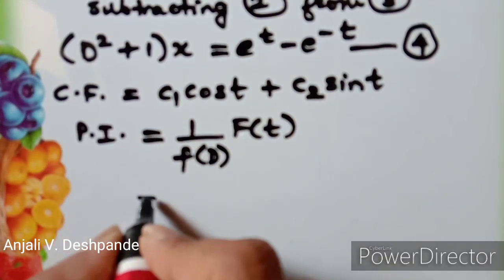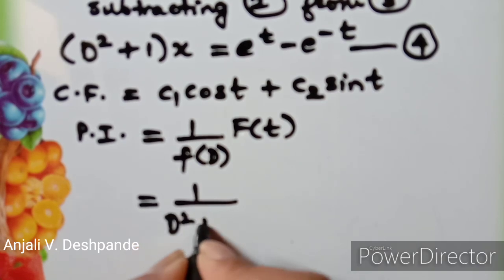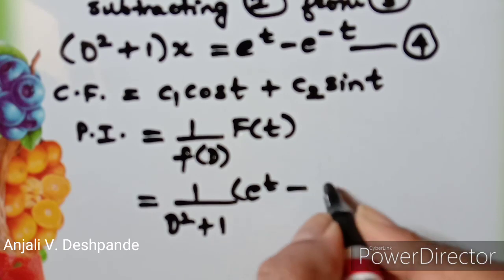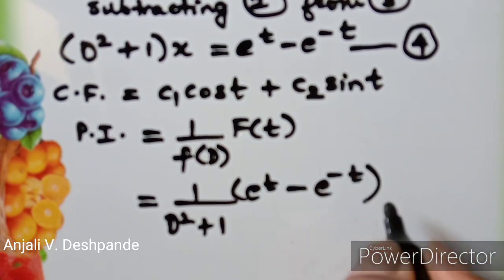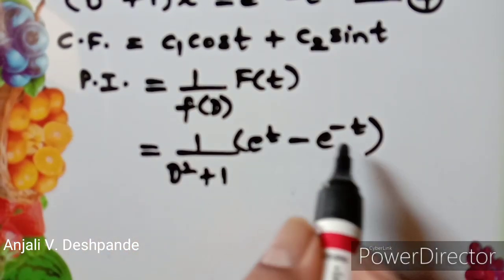Now this is equal to 1 upon D square plus 1 into e raised to t minus e raised to minus t, and this one you have to solve separately.